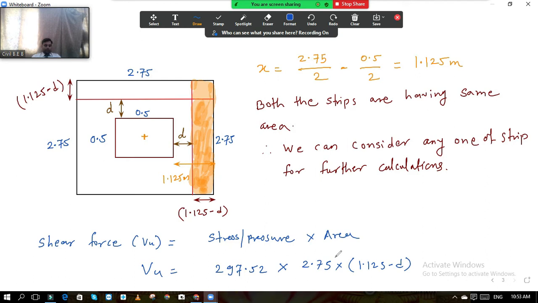Okay, so now simplify this and generate one equation. So Vu is equal to 297.52 into 2.75 into 1.125 once, and then these two terms should be multiplied with d also. So calculate this.